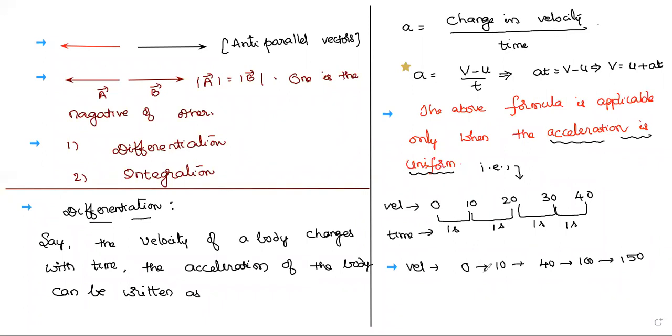Suppose 10 to 40 happens in a time of 1 second, 40 to 100 happens in 2 seconds, 100 to 150 happens in 3 seconds. So see here, the time intervals are irregular and the velocity changes are also irregular.